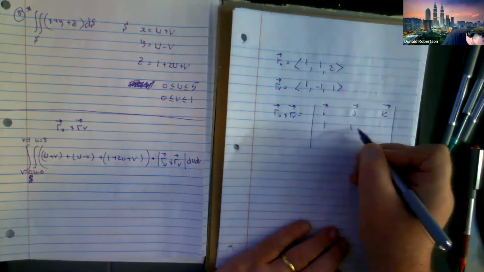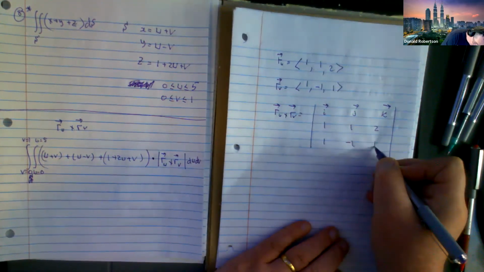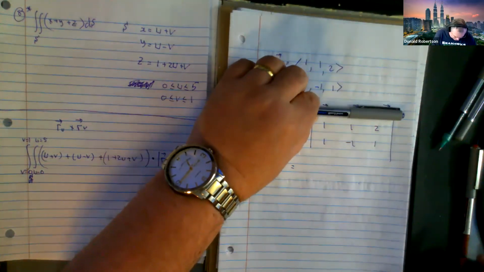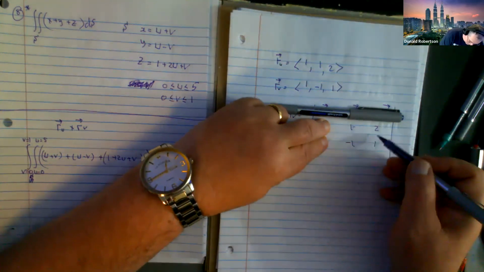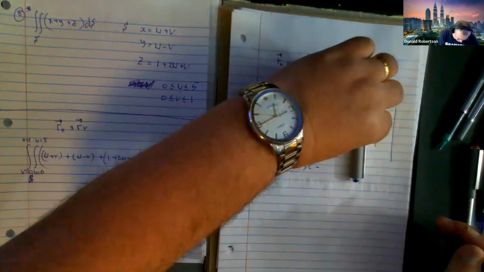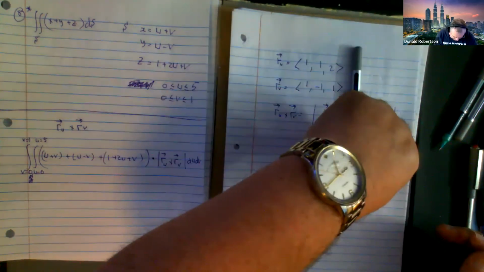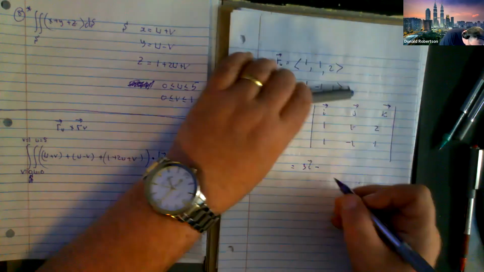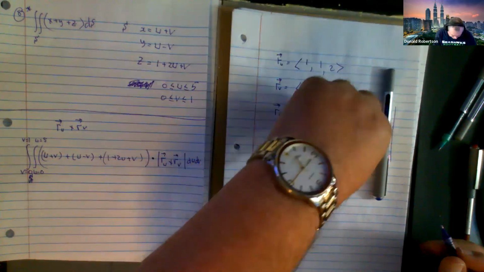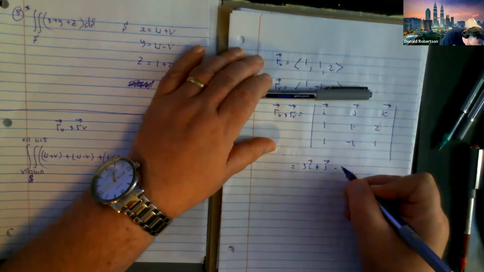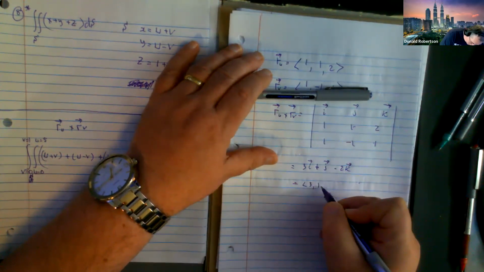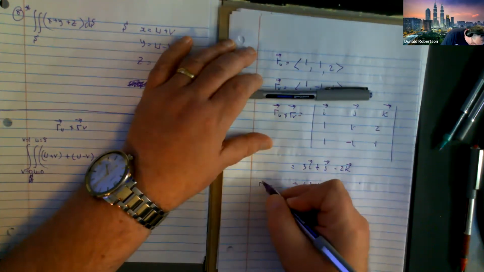We put 1, 1, 2, 1, negative 1, 1. Let me do all that covering up stuff. 1, take away negative 2 gets me 3i. Minus 1, take away 2 gets me negative 1, so you add a j. And k, negative 1 take away 1 gets me negative 2, so I get negative 2k. So we have 3, 1, negative 2, and that's our cross product.